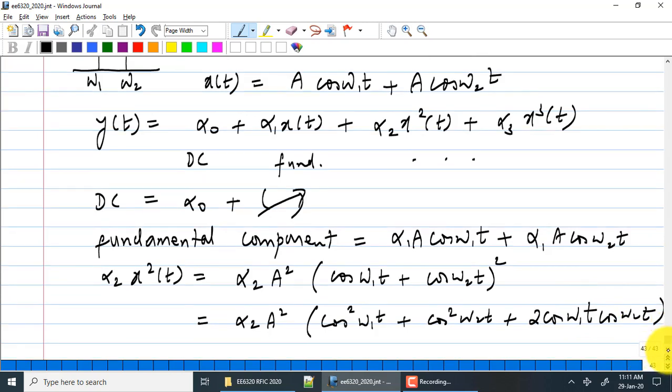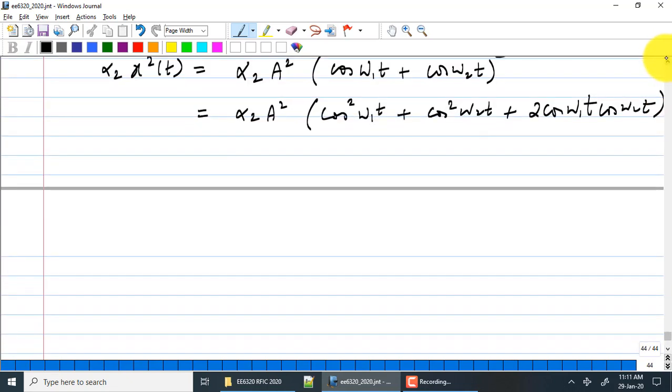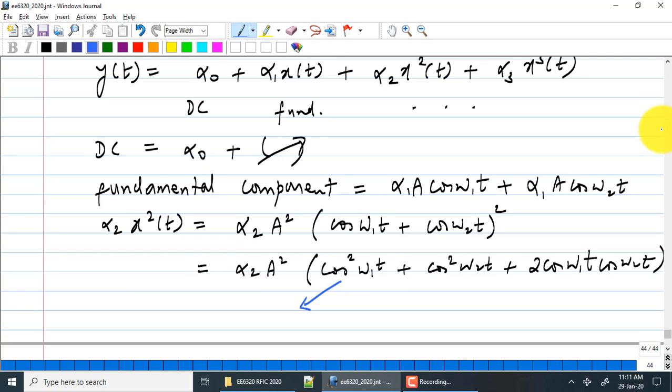What do we know about these terms? So to keep the discussion relatively simple, I hope I don't need to expand out each one of these terms, but I just point out that cos squared omega 1t, if you remember, is nothing but 1 plus cos 2 omega 1t by 2. Remember what we did in the previous class?